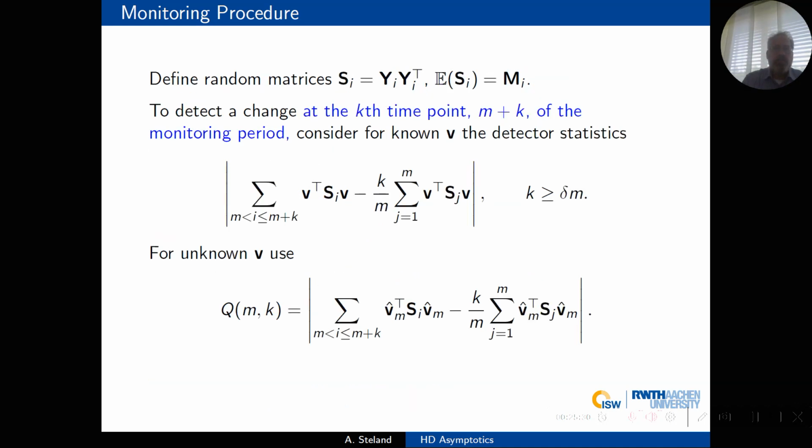So this is the change point hypothesis testing problem we want to attack.